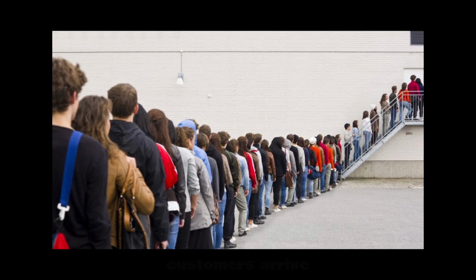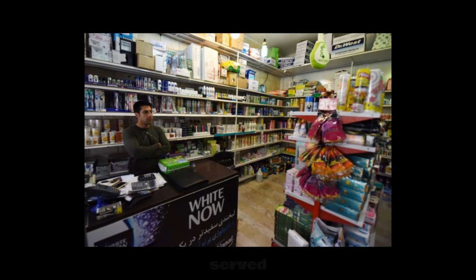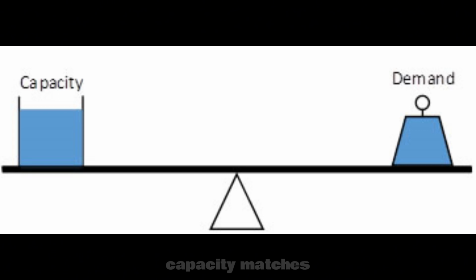Sometimes, a bunch of customers arrive all at once and need more time than usual to be served, causing queues to form. Other times, customers come less frequently and need less time to be served, leaving some servers idle. Even if the average capacity matches the average demand, you'll still see queues and idle time.